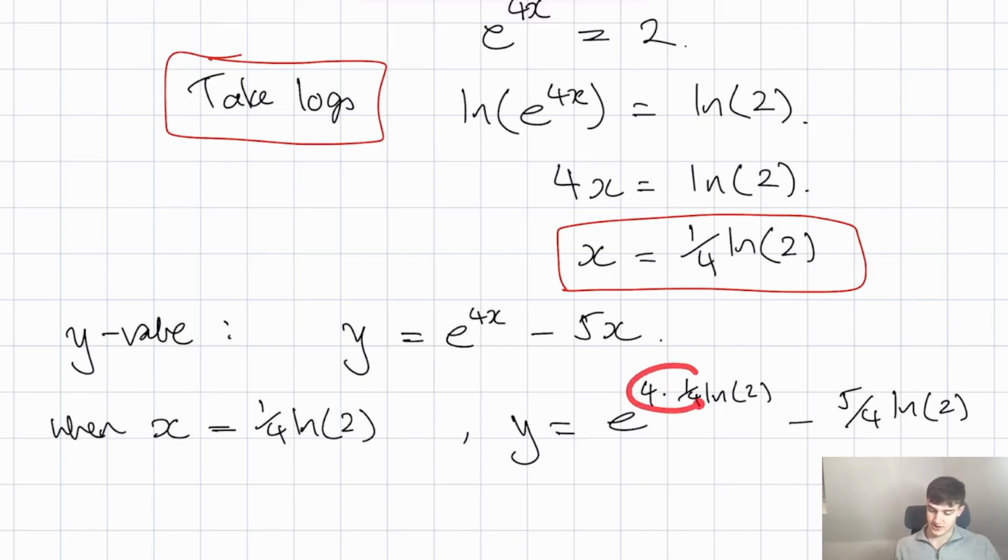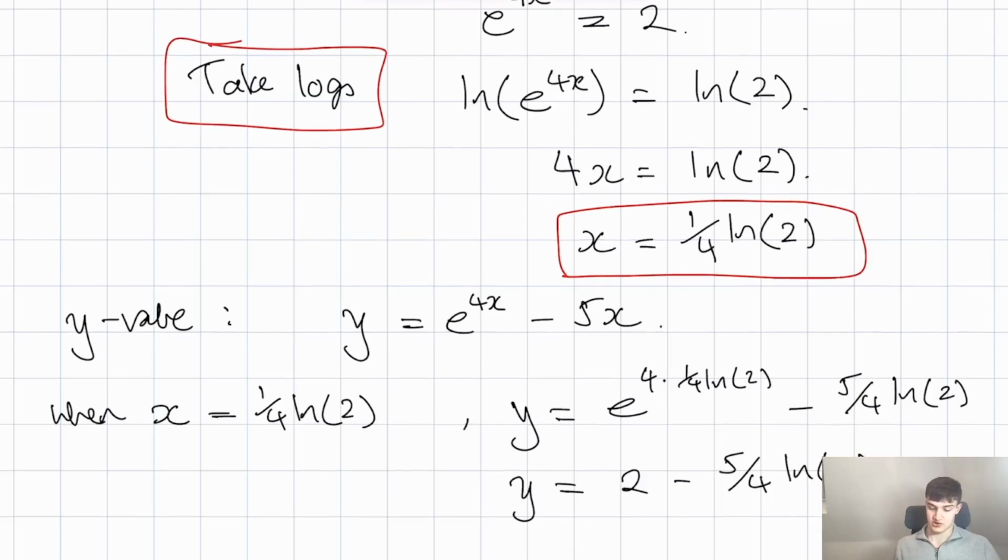So this cancels out nicely. The 4 and the quarter cancel out to 1, and then we're just going to have e to the power of natural log of 2. So this is just 2. You can check that for yourself if you're not convinced. So y is going to be 2 minus 5/4 ln 2.